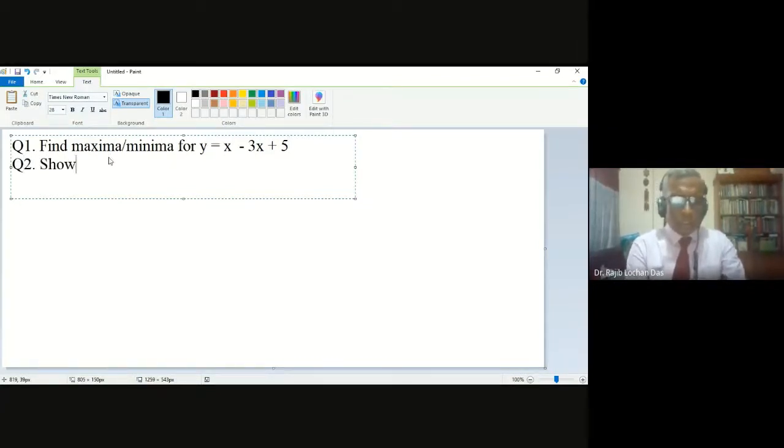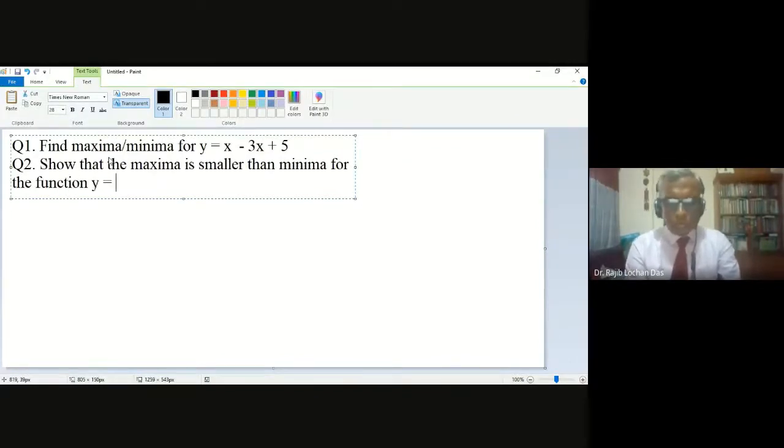Another question I'm writing, show that the maxima is smaller than minima for the function y equal to x plus 25 by x. So this is another question.